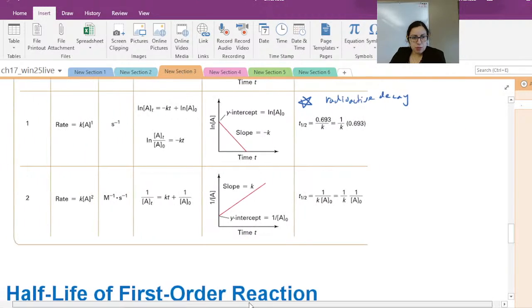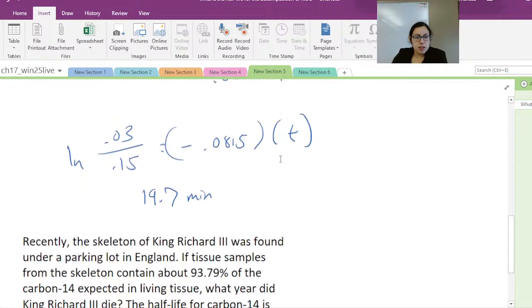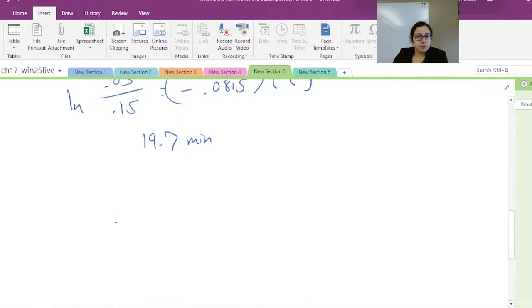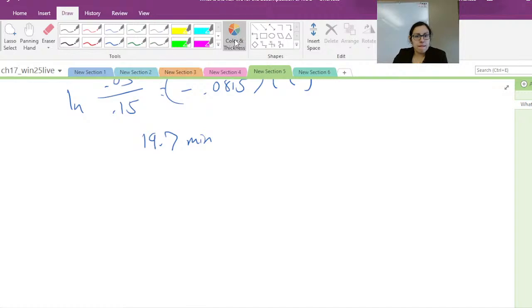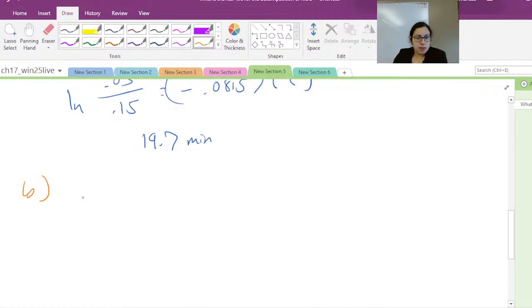So we can just kind of repeat the process. We have second order this time. So again, solve for t half-life.